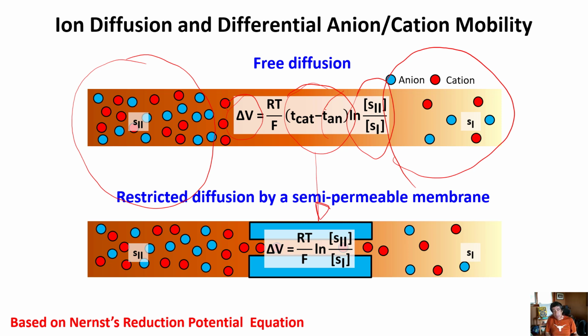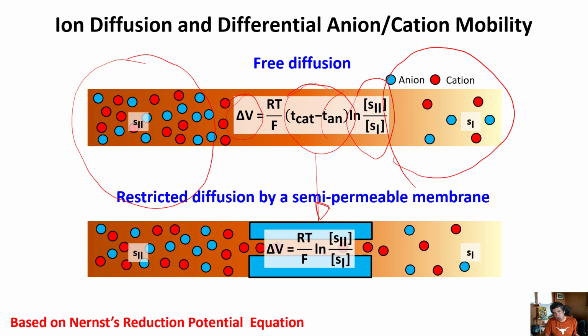So now, if you have a semi-permeable membrane that only favors the passage of one of the two, in this case the cation, then that will produce a concentration of electric charge, no longer equal pluses and equal minuses. You will have more of one sign on one side than the other, and that difference in electrical charge will give rise to an electrical potential. And that electrical potential is the one that we measure.